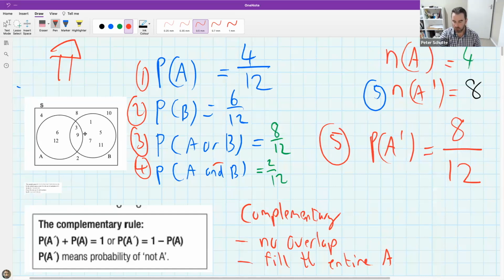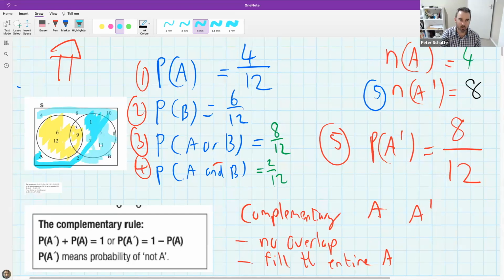A and B are not mutually exclusive. There is an area where A and B can occur at the same time. But if we talk about A and A dash, here's A, the yellow, and then A dash is literally going to be everything outside that. And so the yellow and the blue together are complementary. They fill the sample space. There's no overlap, and they fill the entire space.